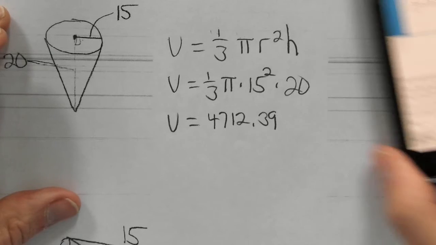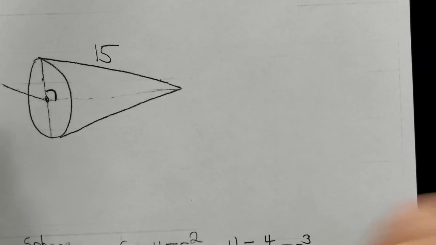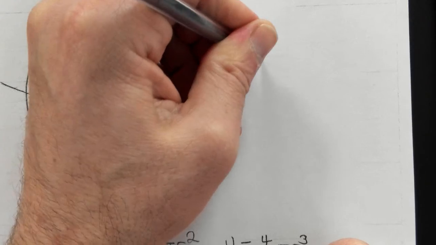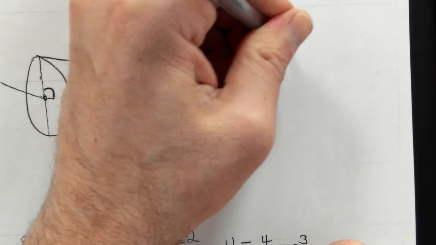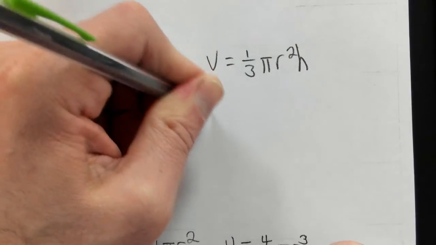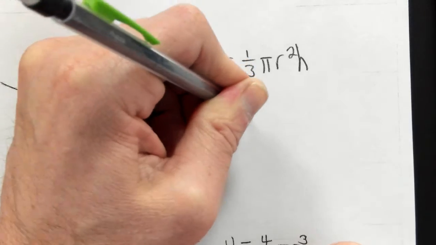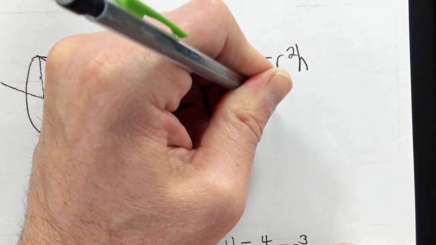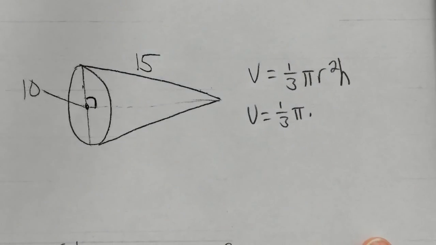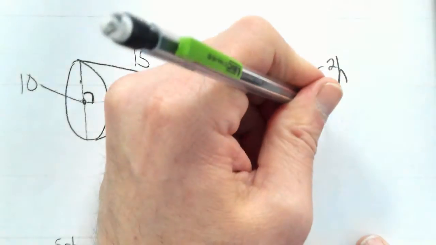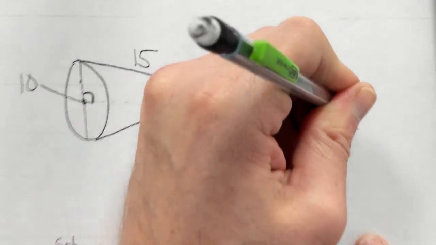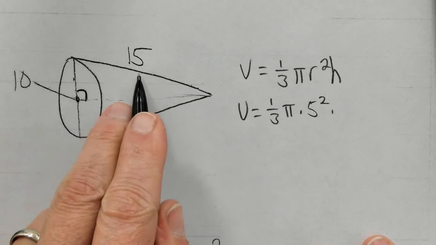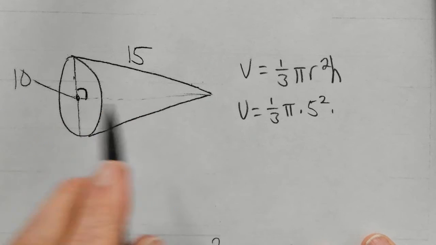Let's try another cone. Again, write the formula. 1/3 pi r squared h. 1/3 pi times... All right, if the diameter is 10, the radius is 5. Don't let that trick you. And here we've got the slant height as 15.